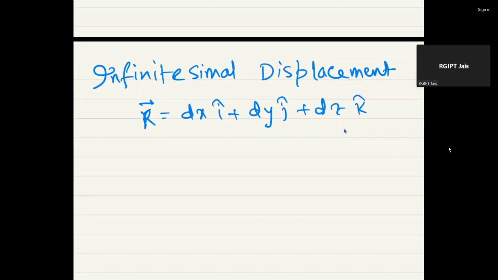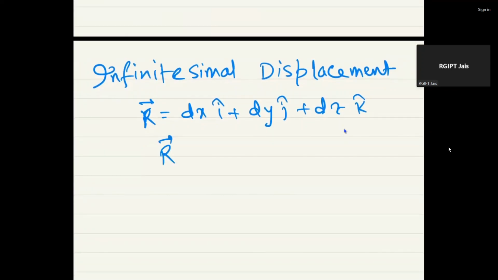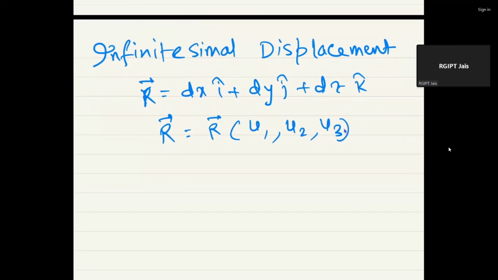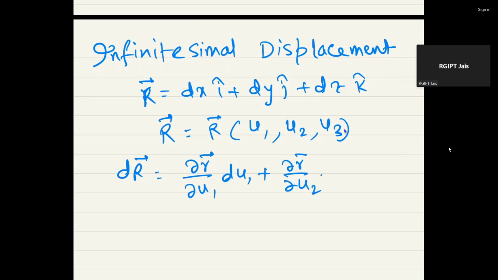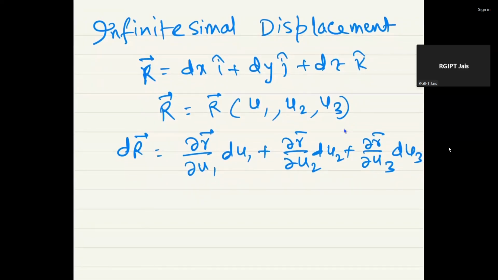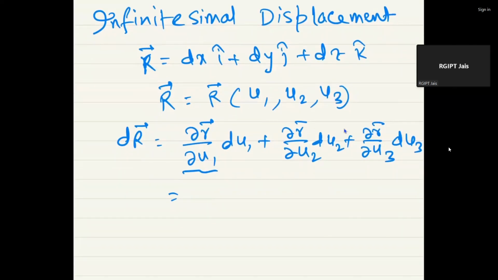But in the curvilinear coordinate system, this R is a function of u1, u2, and u3. So our dR will be del R by del u1 du1 plus del R by del u2 du2 plus del R by del u3 du3. So del R by del u1 is h1 u1 cap. You can check this; this is the definition of u1 cap.